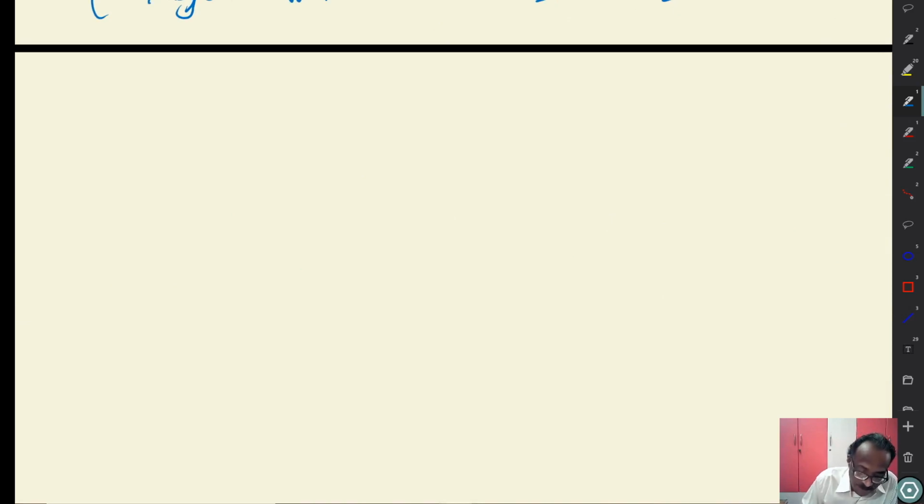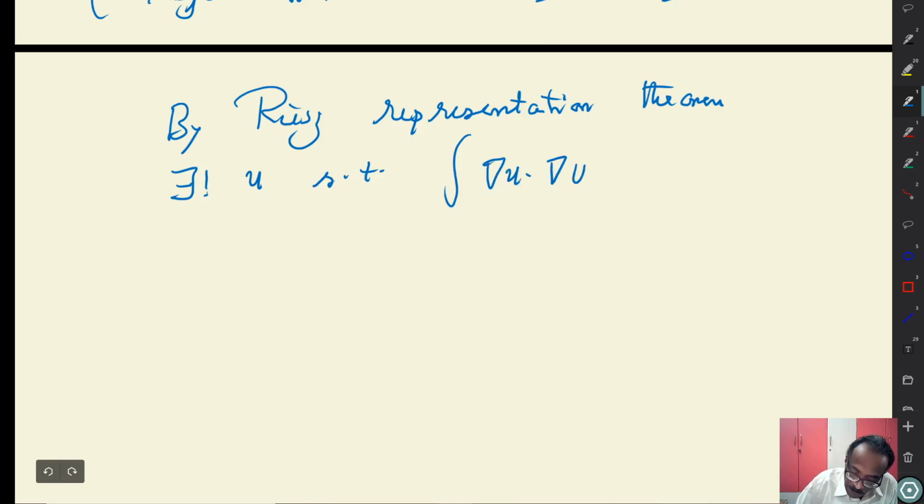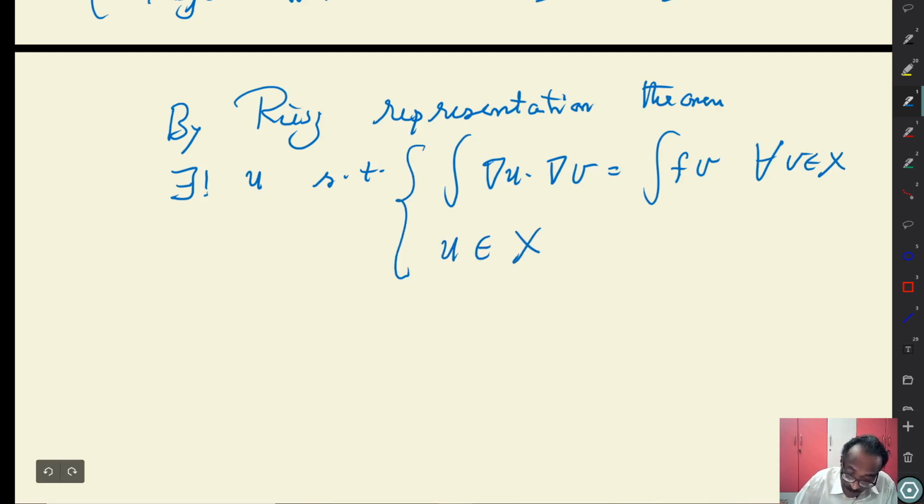So by the Riesz representation theorem, there exists a unique u in X such that the inner product of grad u and grad v equals f(v), and this is true for all v in X. Be very careful here: u is in X.